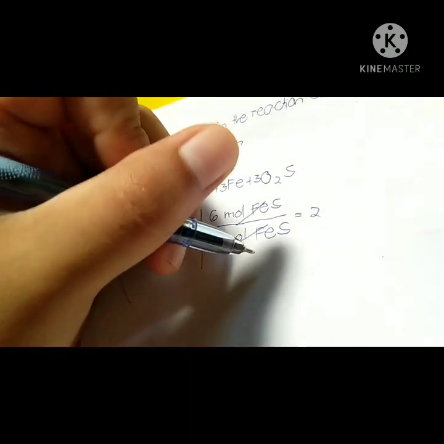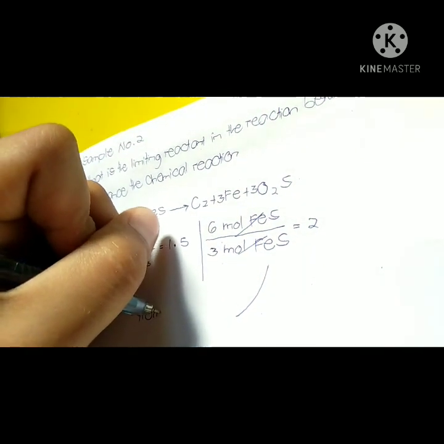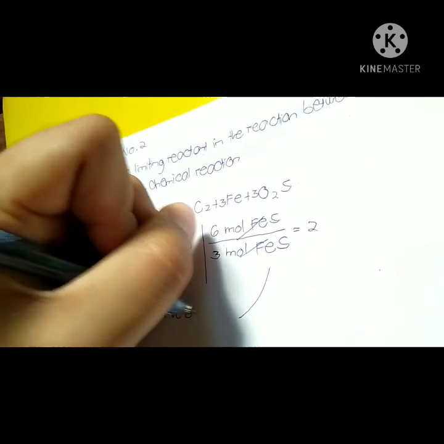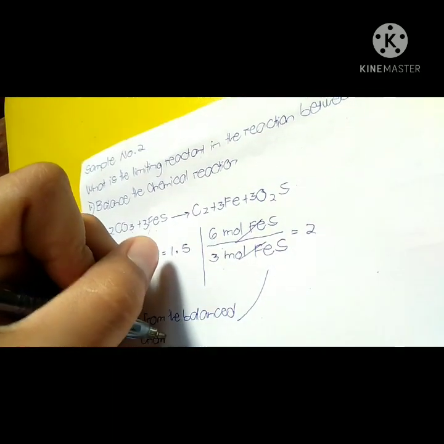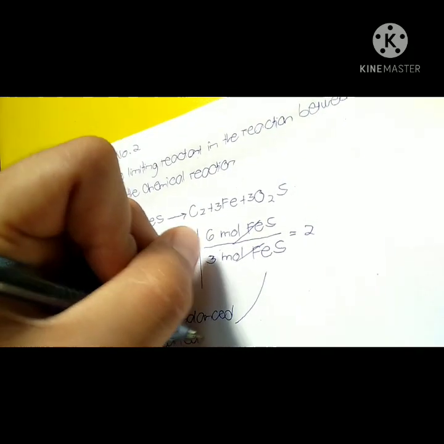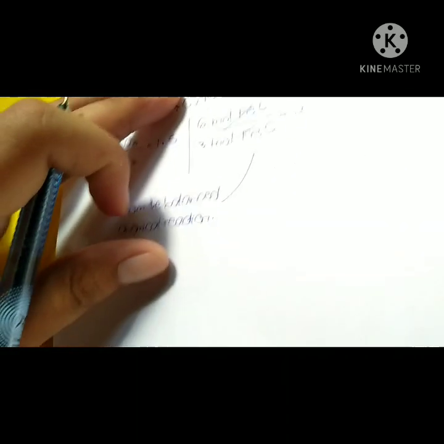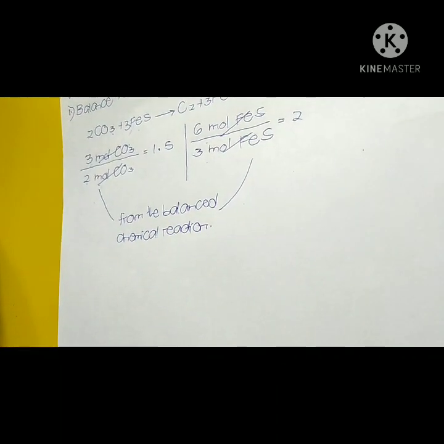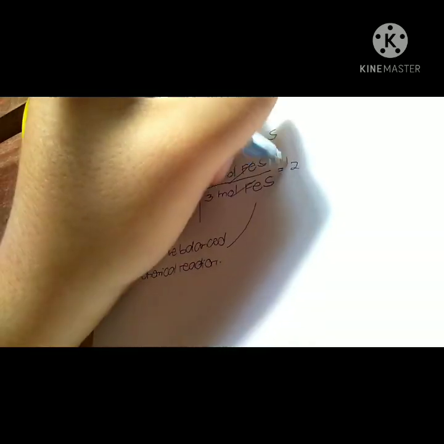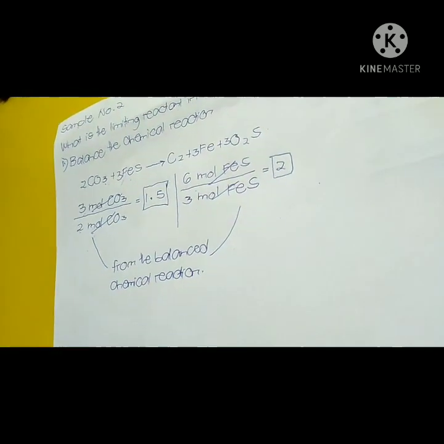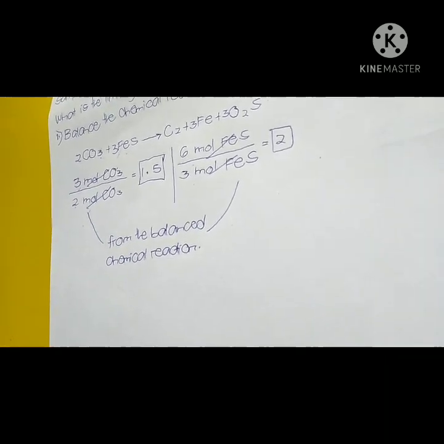So those two values are from the balanced chemical equation. Now we find the limiting reactant. The reactant that gives a smaller quotient will be the limiting reactant.